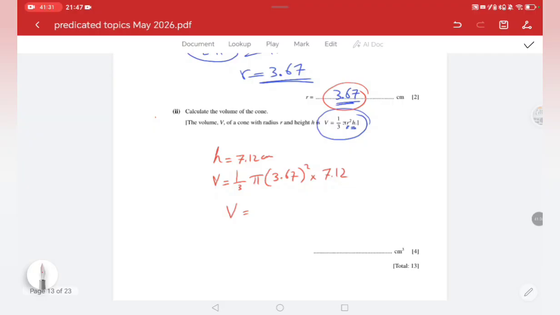If you round this one, don't write only 100. Try to write 100 point and the decimal place that you have there. Why do that?